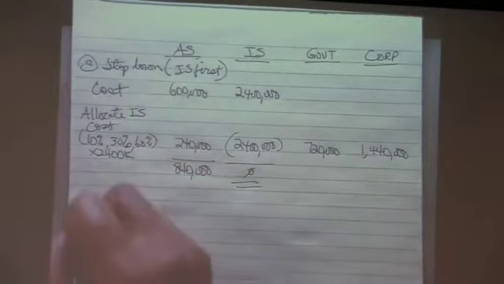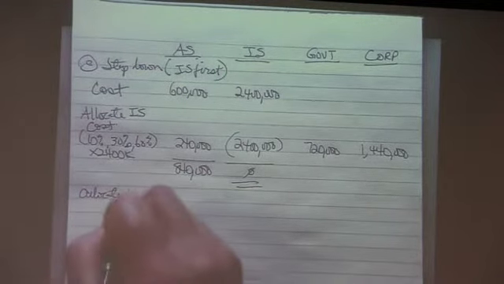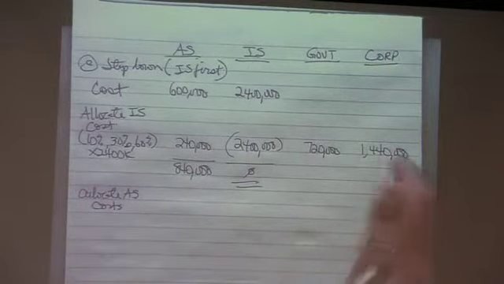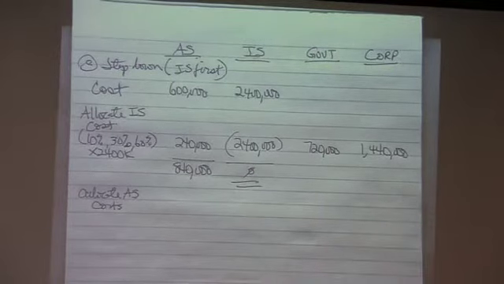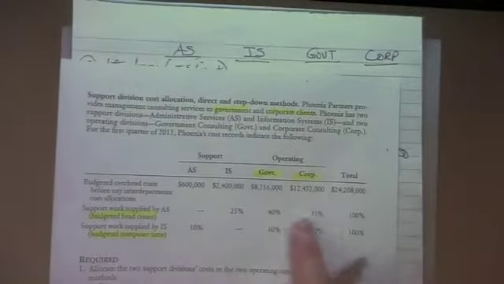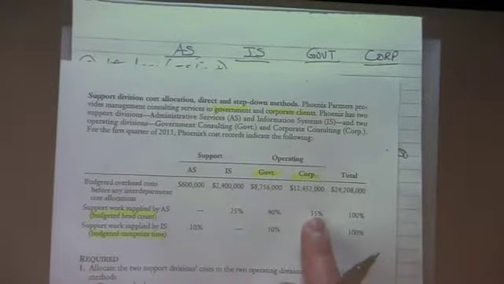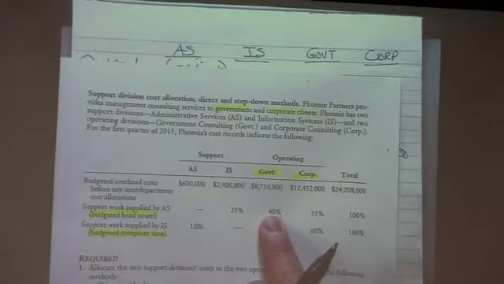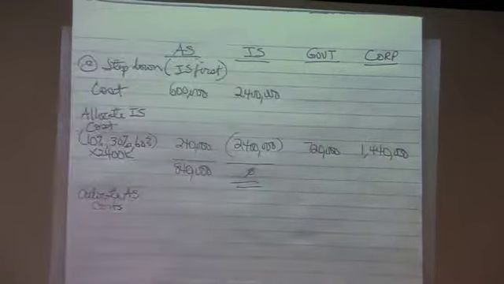Then we're going to allocate the AS next. And this time we're only going to allocate it to the remaining 2 operating division. And the 2 operating division is going to be 40, sorry, and 35, which is 40 divided by 75.